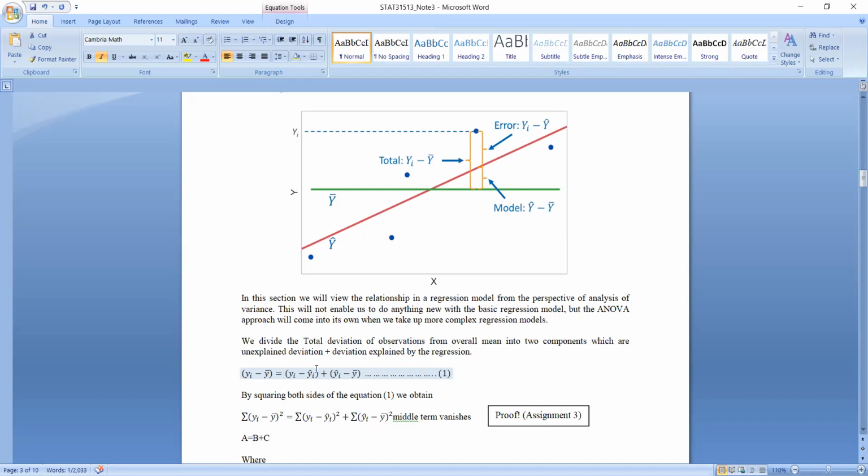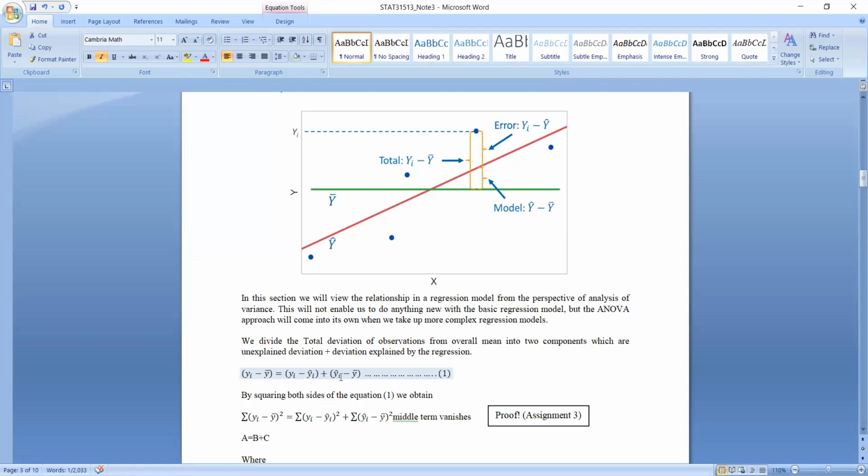When you do that, we get the squared summation of the first term, yi minus yi hat, squared, and the squared summation of the second term, yi hat minus y bar, squared. And then we have 2 times the summation of the multiplication of these 2 terms.